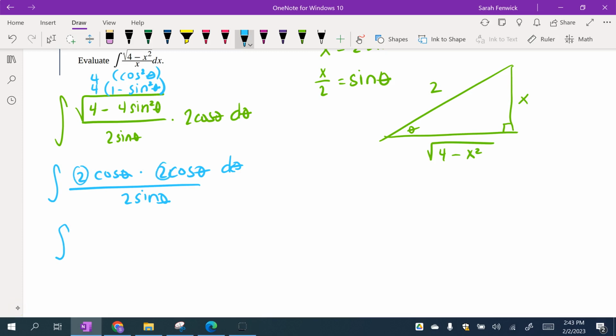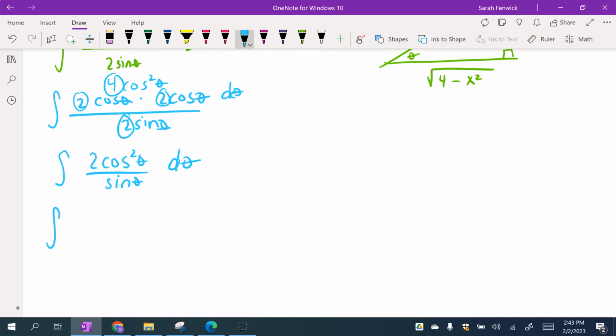So up here, I'm going to have 4 cosine squared theta, but the 4 and the 2 here are going to simplify. So we have 2 cosine squared theta over sine theta. And even though it seems kind of counterintuitive, like we're undoing stuff we already did, we're going to use 1 minus sine squared theta.